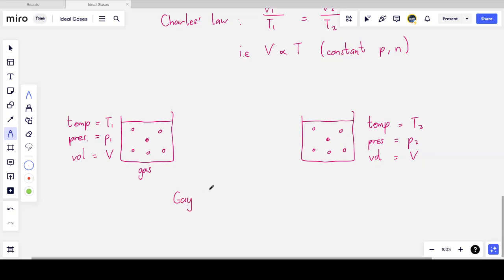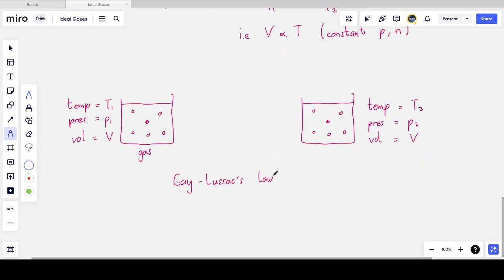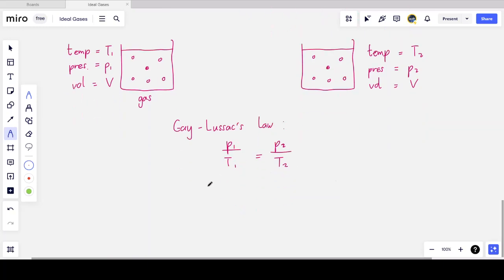But this final law is called the Gay-Lussac law, or the pressure law. And in this law we can see that the ratio of pressure to temperature is constant. So P1 over T1 is P2 over T2 is P3 over T3, etc. At any given time, the pressure over the temperature, or conversely rather, the temperature over the pressure is a constant, meaning that the pressure is directly proportional to temperature.